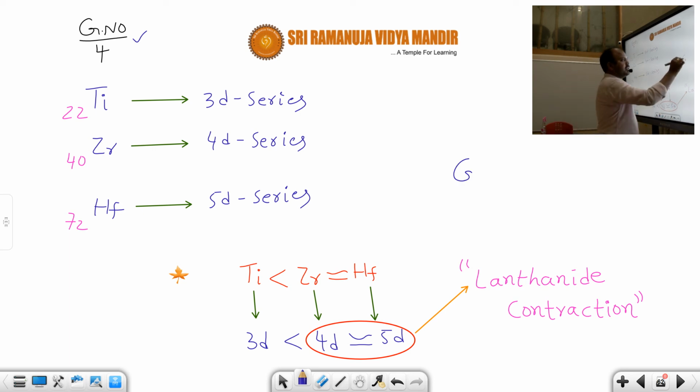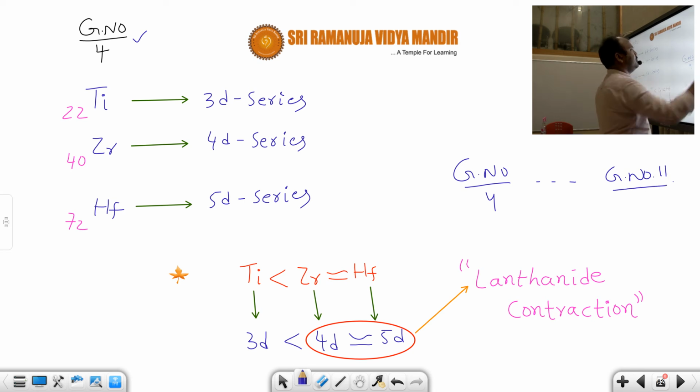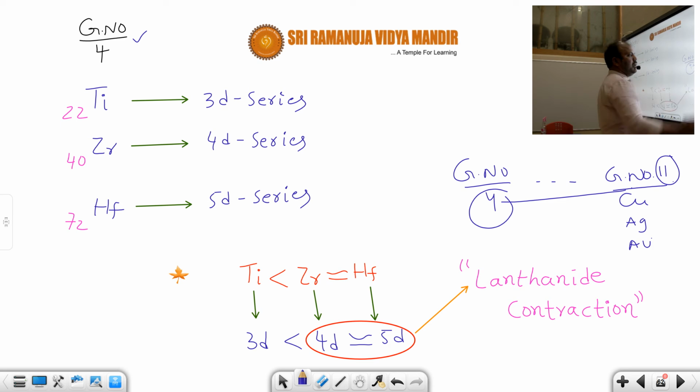This contraction can be observed from group number 4, titanium, zirconium, hafnium, up to group number 11, copper, silver, gold. So from group 4 to group 11, from top to bottom, lanthanide contraction occurs.